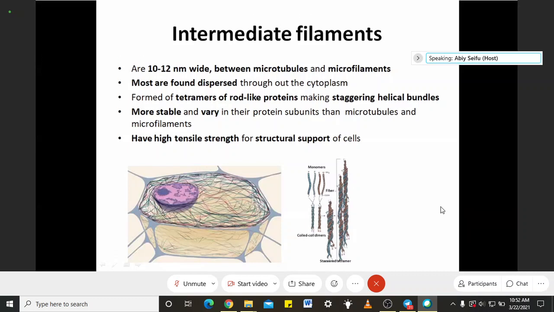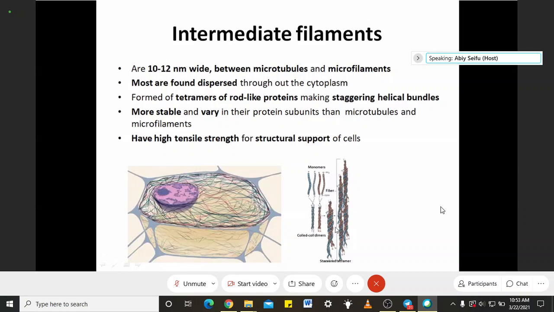Look at this. Here you have the coiled intermediate filament. These are made as four of them are twisted together, and then they are laid down in a staggering type of manner to give us bundles. Such bundles formed would give us very tough filamentous structures known as intermediate filament.